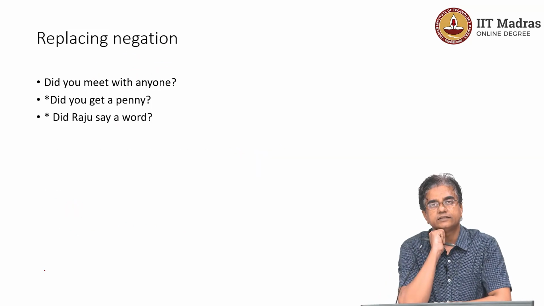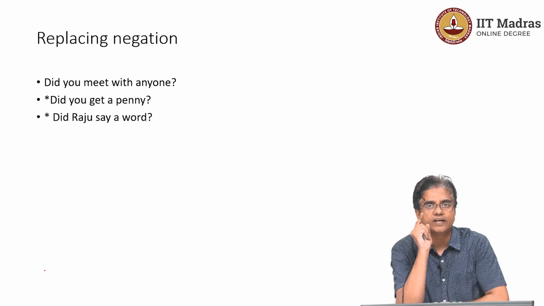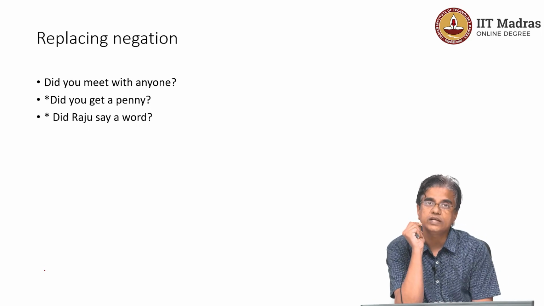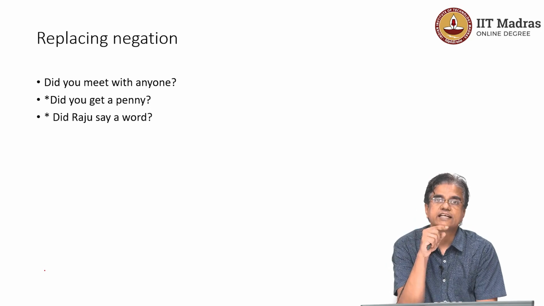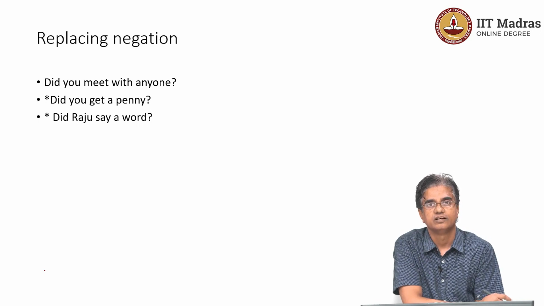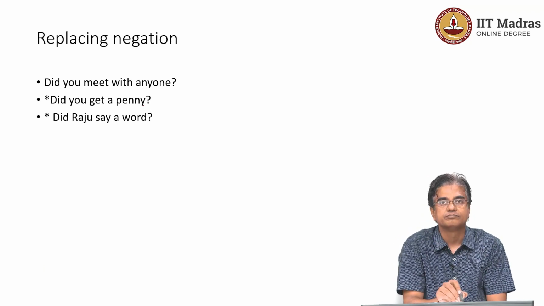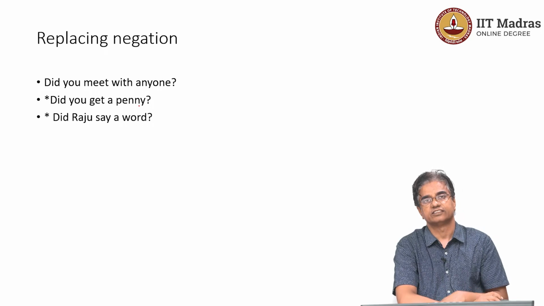We do find one context where these elements can occur without negation, but that context is very unique and they can only come if the sentence is a question sentence. We can say, did you meet with anyone? Look at this sentence. There is no negation, but it is a question sentence. Did you get a penny? We can't say that.